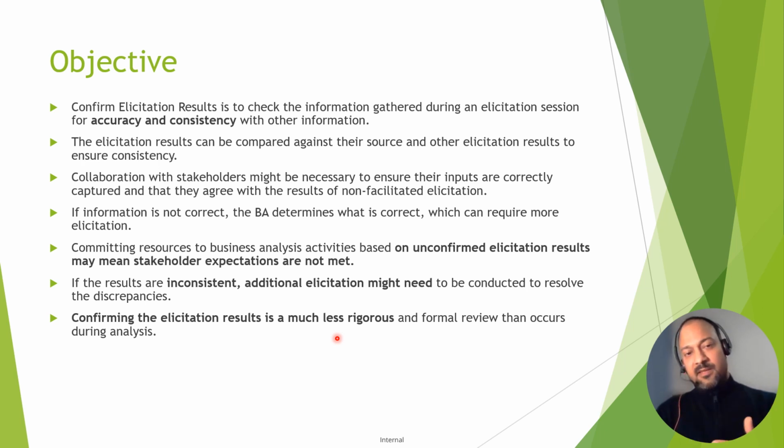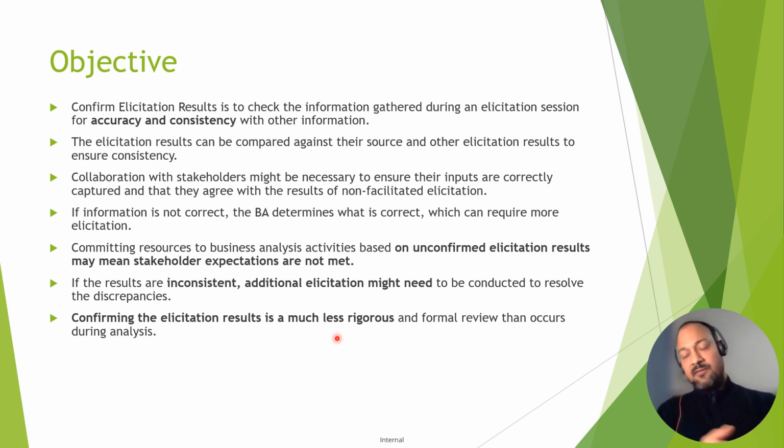But in confirming the elicitation, this is not that rigorous an effort. Rather, it's a simple approach. If everything is captured, you just have to match whether the information is matching or not.